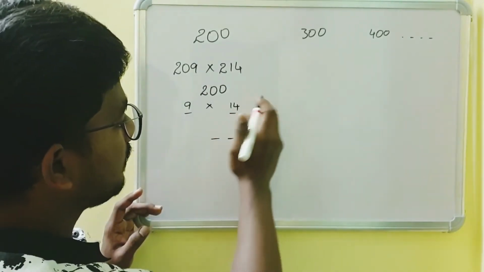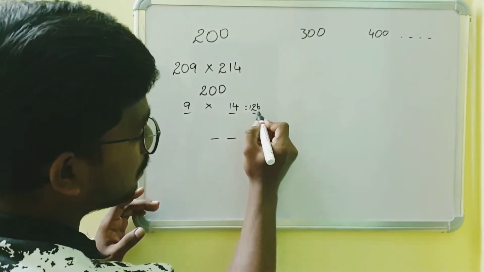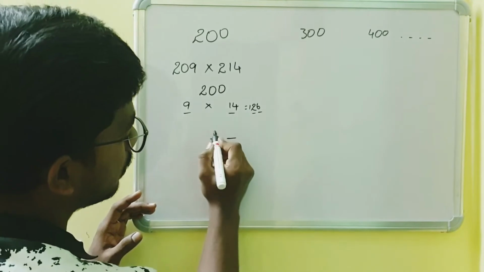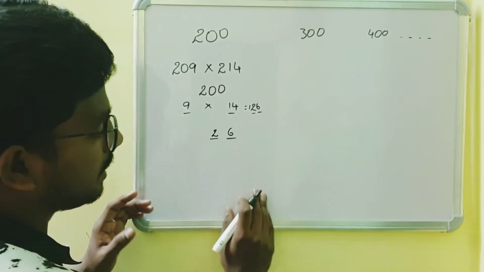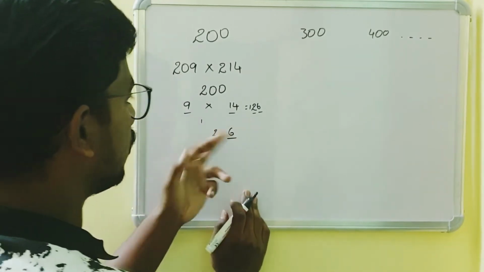So 14 nines is 126. I require only the last two digits, so I take 26 and 1 will be carried forward.